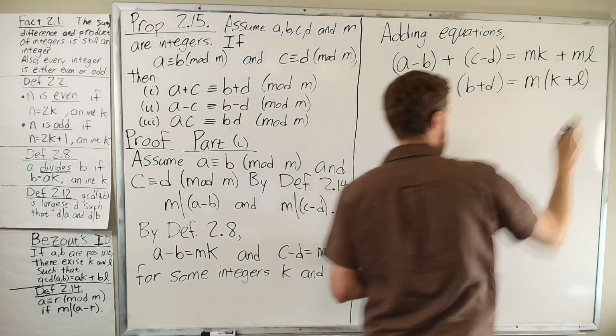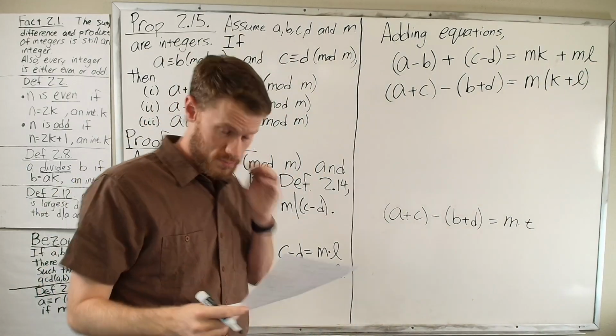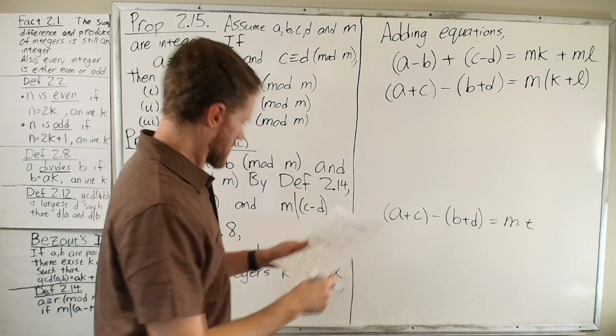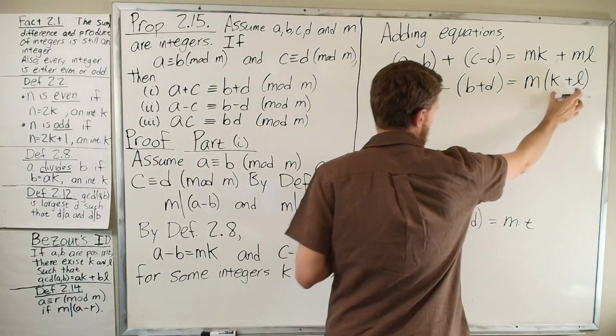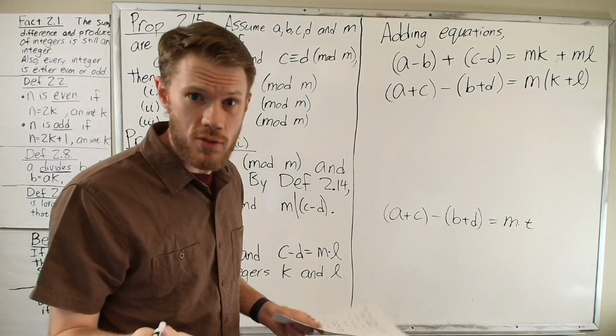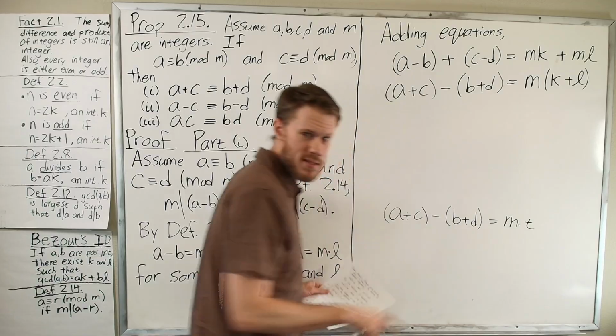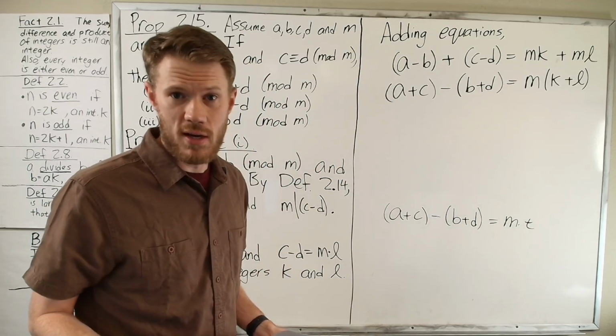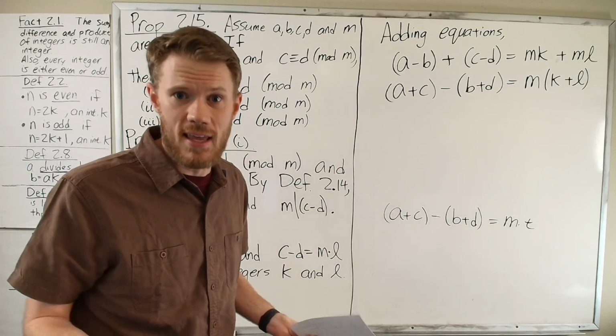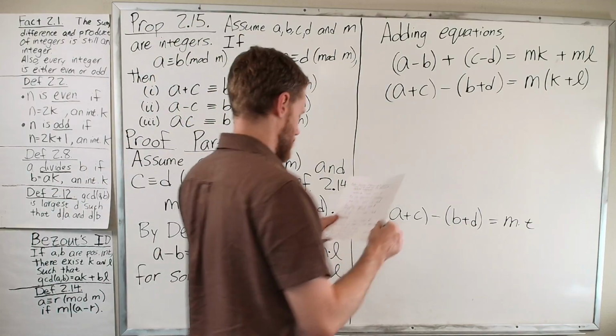I'll delete that. And then you need to note that k plus l is an integer. It's important to note that because in order to apply the definition to go from here to the divides statement, it needs to be an integer. Otherwise, that definition doesn't apply. So you need to say that it is and say why it is.